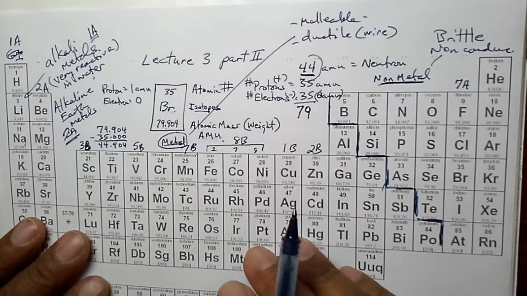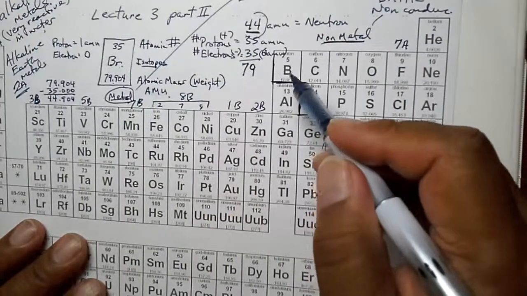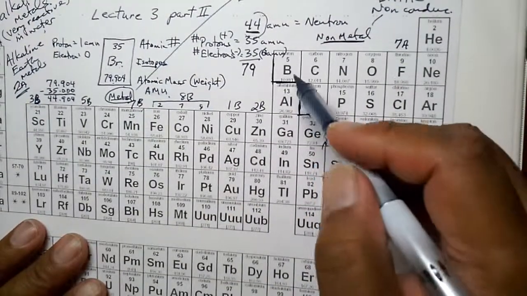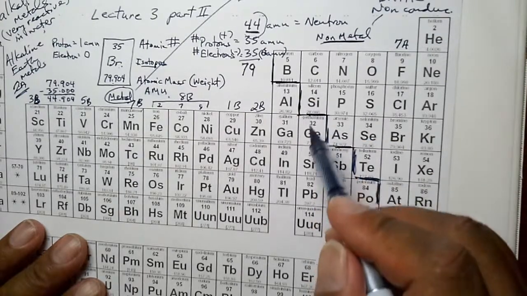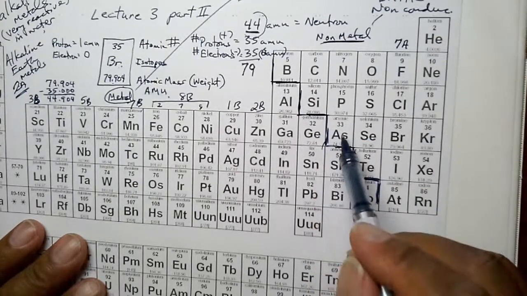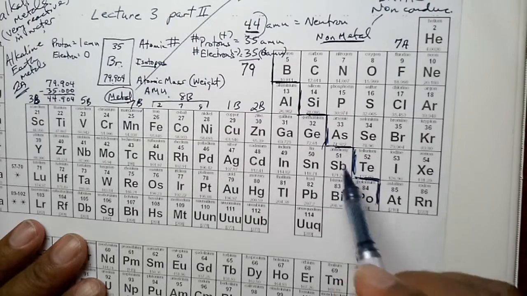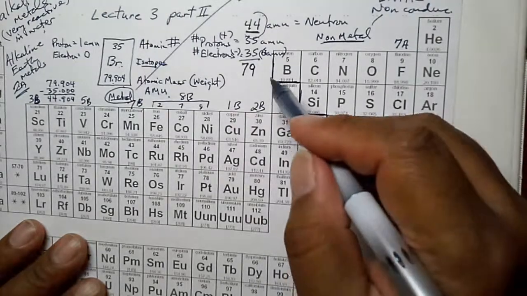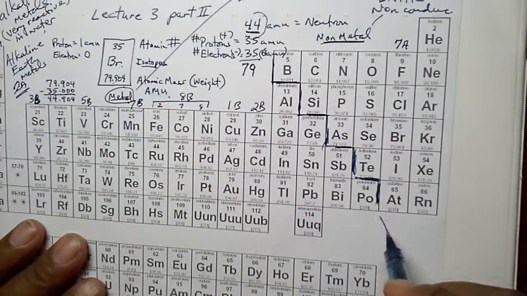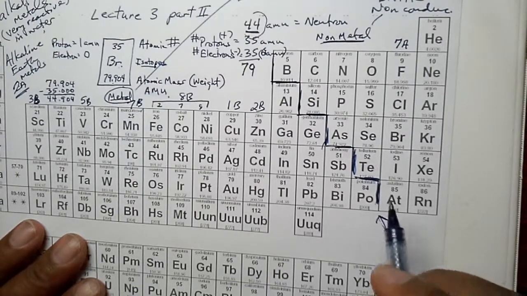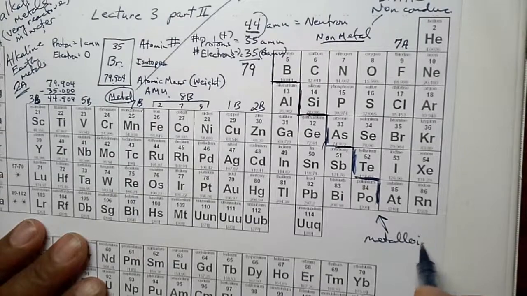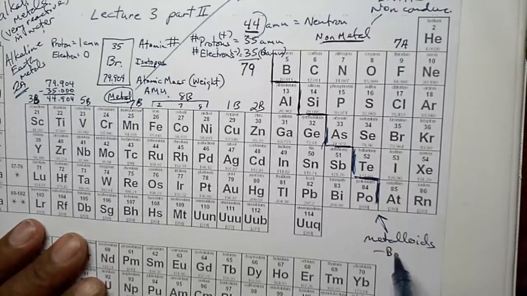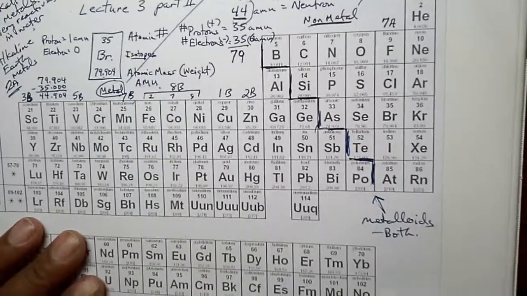Alright. Along this diagonal, real quickly, we have aluminum, boron, silicon, germanium, arsenic, antimony, and so forth. These along this diagonal are referred to as a class of metalloids that have both characteristics of metals and nonmetals.